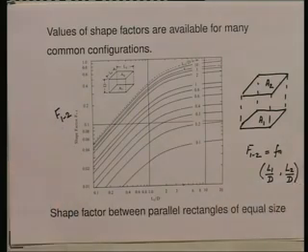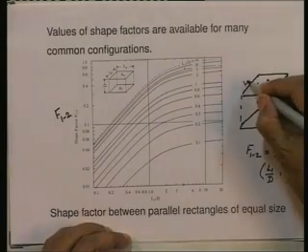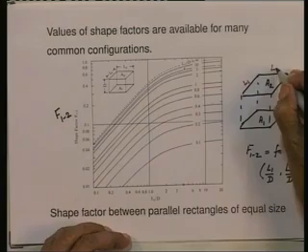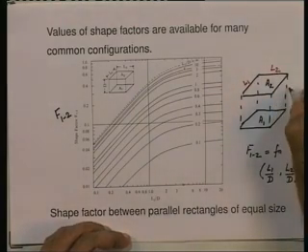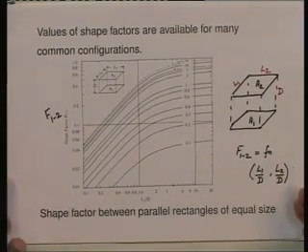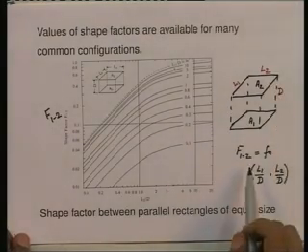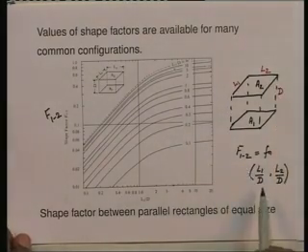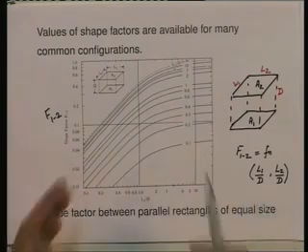L1 and L2 are the sides of the rectangles, and d is the distance between the two rectangles. Got it? So, the shape factor F1-2 is given as a function of L1 by d and L2 by d. That is what we have in this graph.